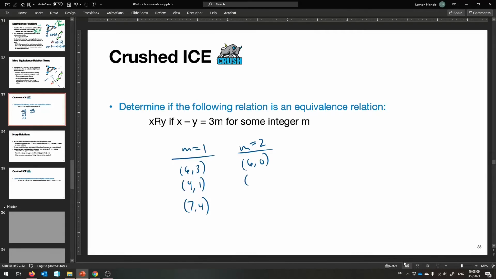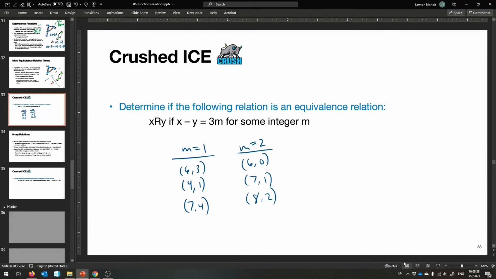And then 7 and 1, etc., etc. 8 and 2. Okay, that makes sense. So we have a good idea of what it's looking like now. Some weird relations going on between these numbers, but that's okay. We need to figure out if this is an equivalence relation.